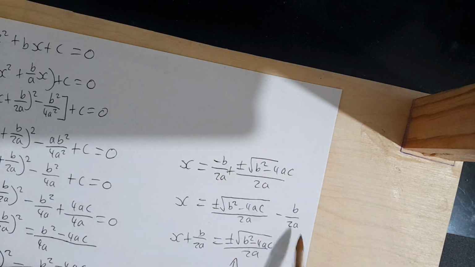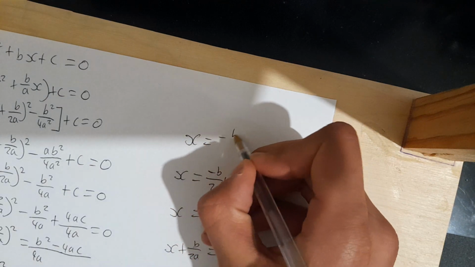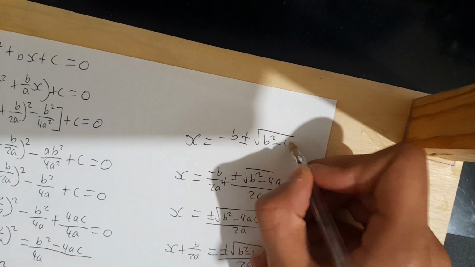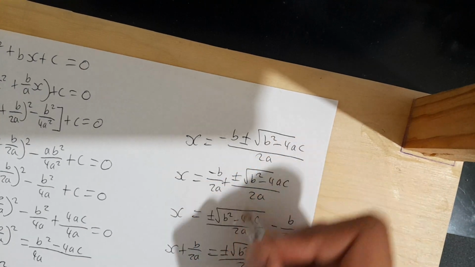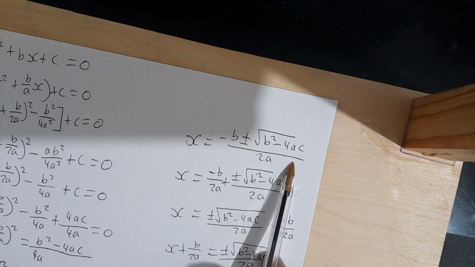And then we can just put that all over the same fraction. So x equals negative b plus minus square root b squared take away 4ac all over 2a. And there you have it. This is just the quadratic formula, the one that we're all familiar with.